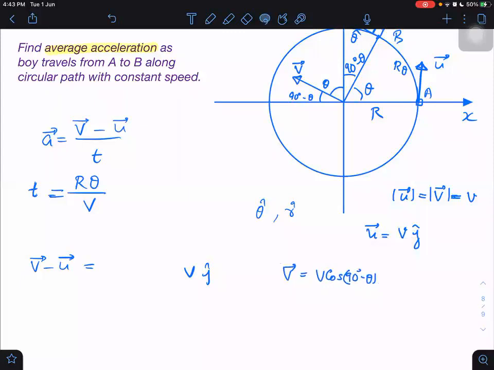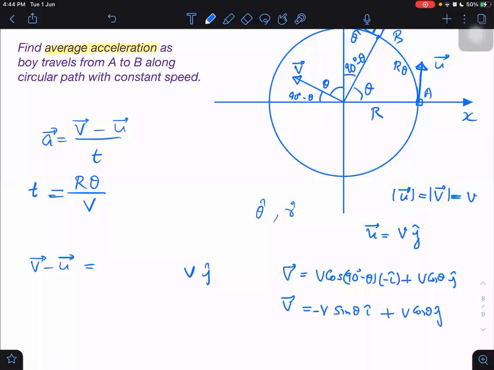Very good. And v cos theta along plus j cap. Then this can be written as minus v sin theta i cap plus v cos theta j cap.